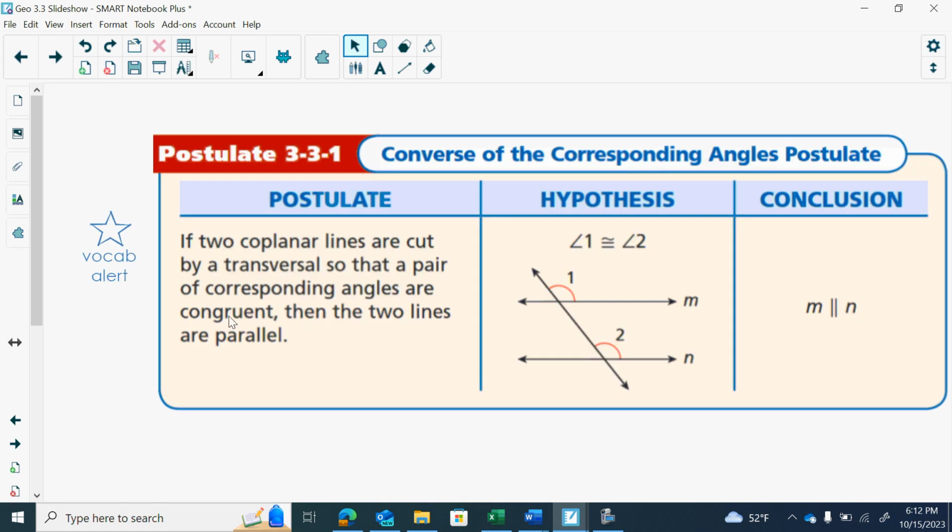Your first postulate here is called the converse of the corresponding angles postulate. This is a converse of a postulate you already learned.